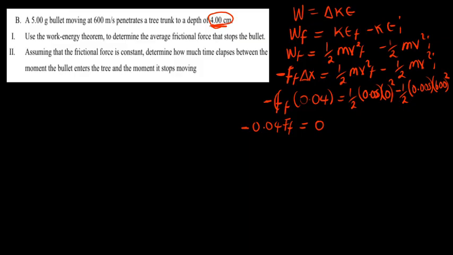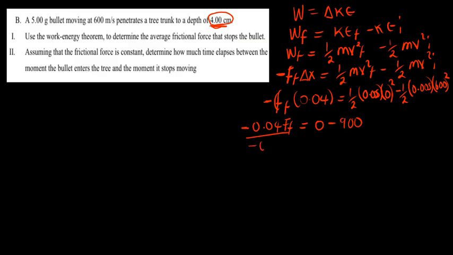The next thing that you should do is 0.5 times that, then times 600 squared. So you shall find the answer to be minus 900, like that, right?